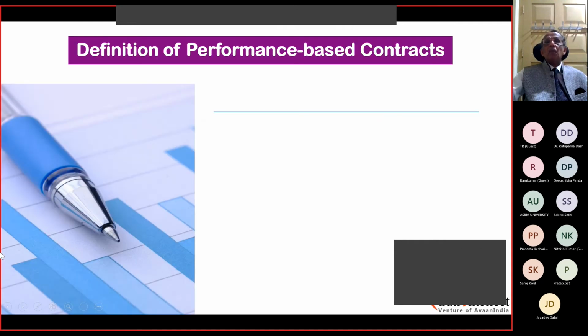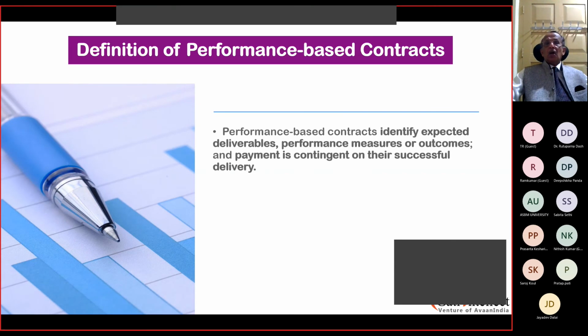Let's see what performance-based contracts are. Performance-based contracts identify expected deliverables, performance measures or outcomes, and payment is contingent on their successful delivery. I want you to understand this concept very clearly.